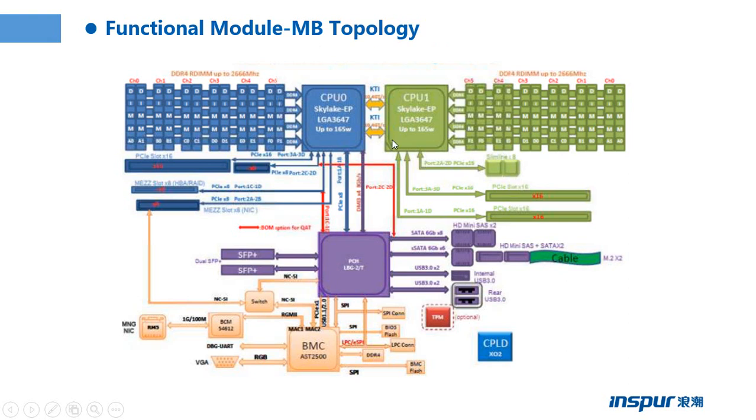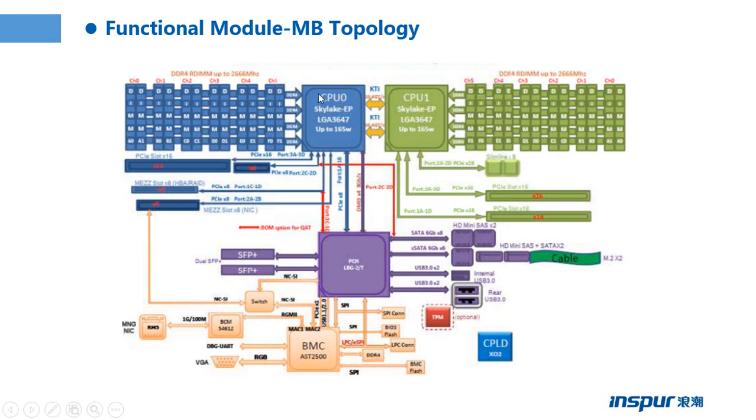From this picture, we can see the connections between the CPU, memory, PCH chipset, the BMC, the PCI slots, and the other parts of the motherboard. For example, we can see the connection between the CPU and the memory.